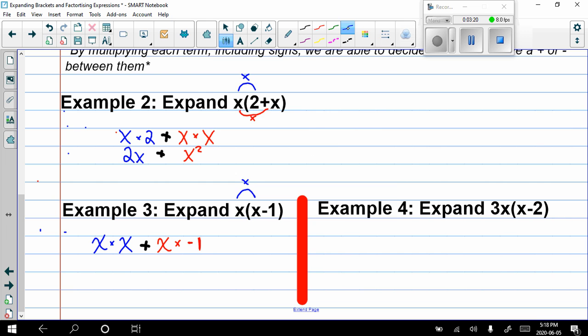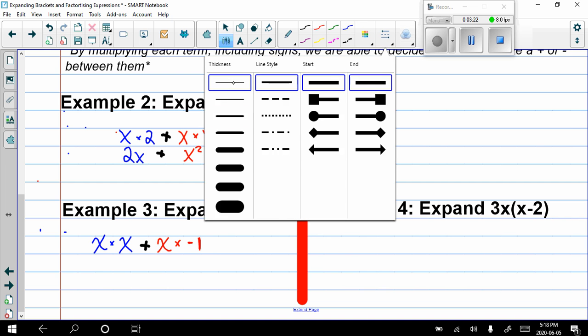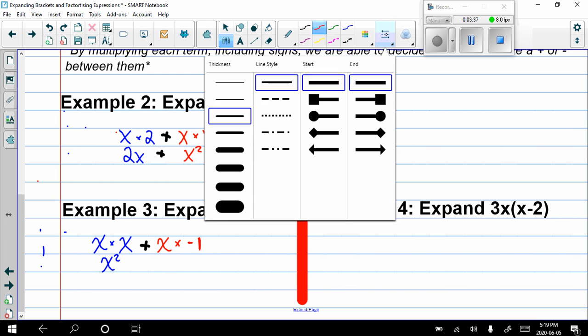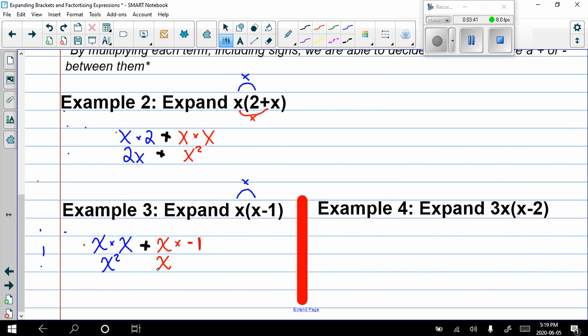This is where our sign will come in from in our end answer. So x times x, we know that is x squared. And then we have x times 1, which is 1x, we just put x, right? But we have a positive times a negative, so we're going to pick up that negative in the middle there.